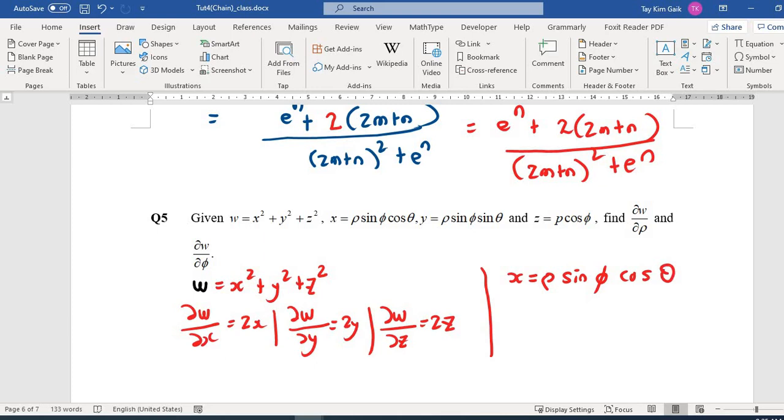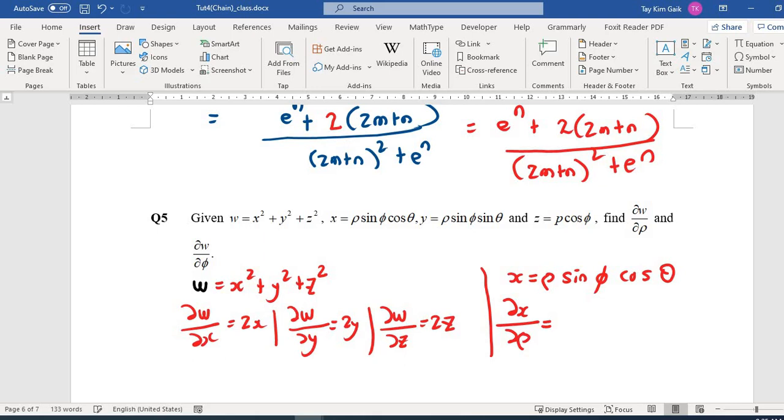We want to find del w del rho and del w del phi. So that's why for x you have to find del x del rho and del x del phi. No need to find del x del theta because the question didn't want del w del theta.